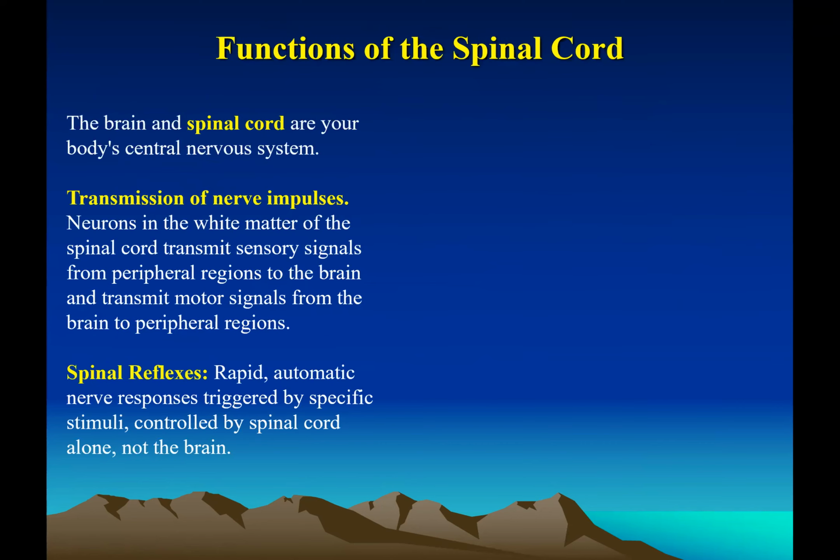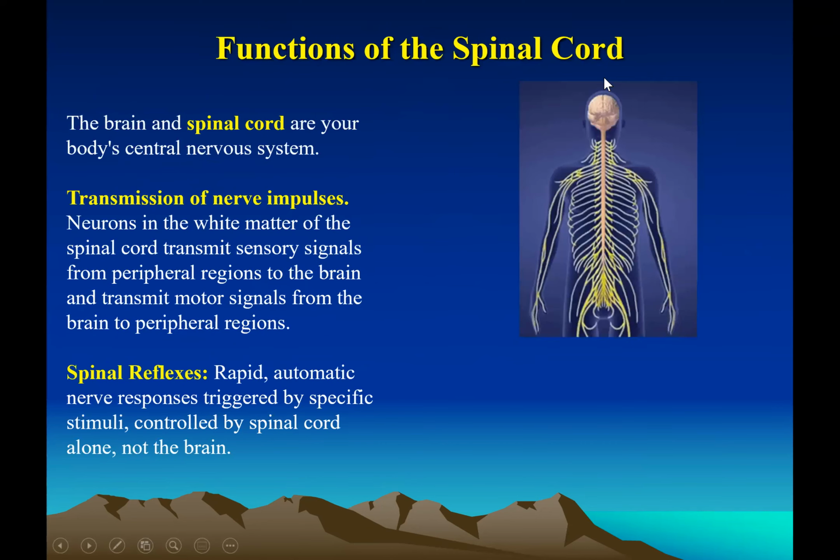The main function of the spinal cord: you can see the brain and the spinal cord. The spinal cord is the bridge between the extremities of the body and the central processing system of information, right? The brain is the boss, so the spinal cord is the bridge, the conduit. There are two vital functions of the spinal cord.